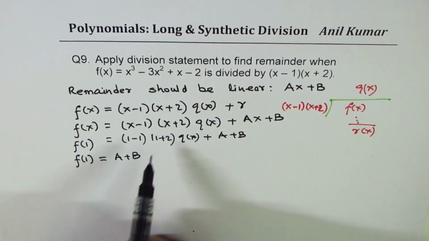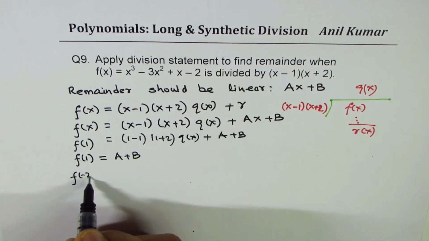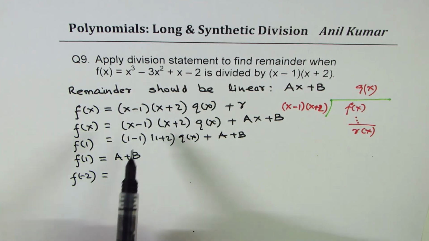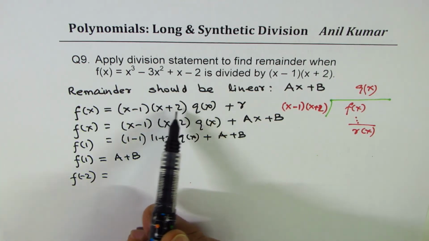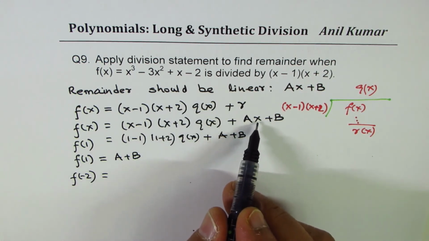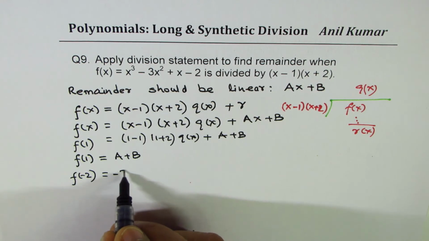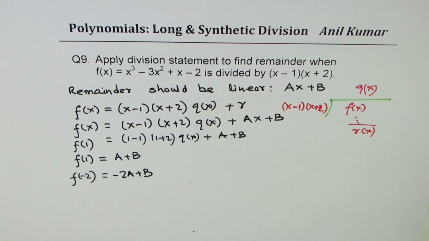Now similarly, if I substitute minus 2, in that case x plus 2 becomes 0, right? So anything times 0 is 0. So substituting minus 2, we get minus 2a plus b equals f of minus 2. Is that clear?